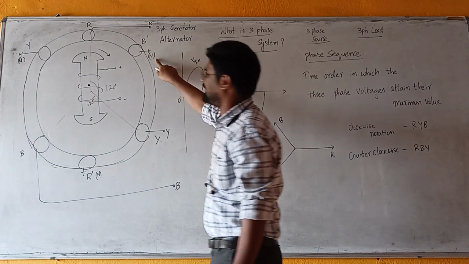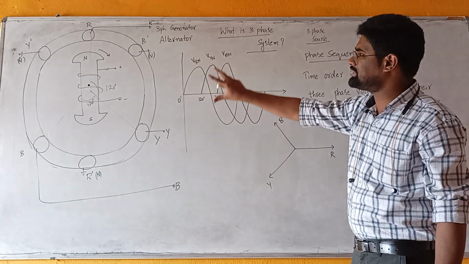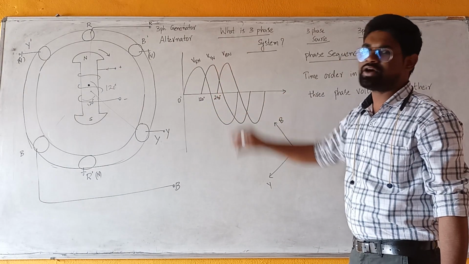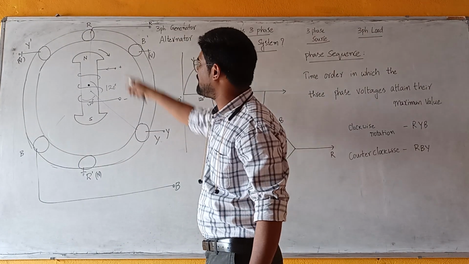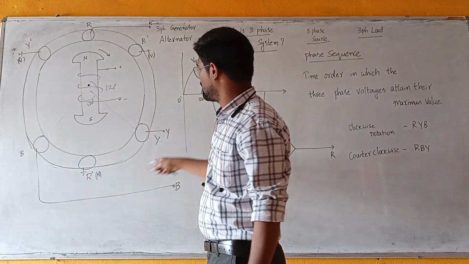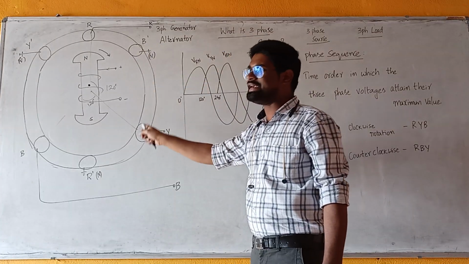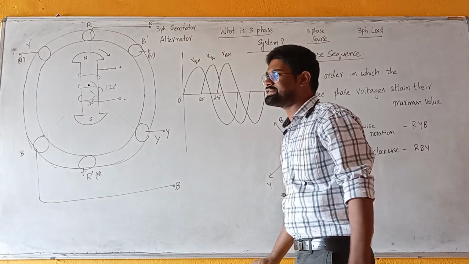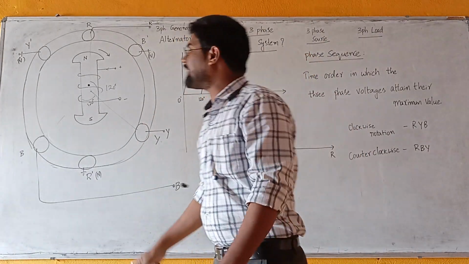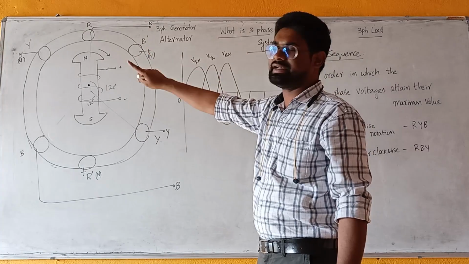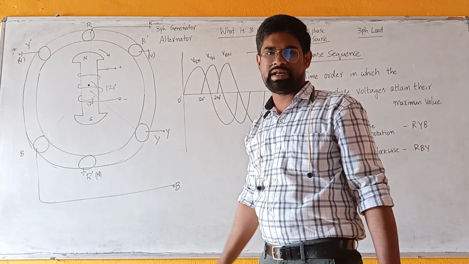The ending point is connected to the neutral point. For this three-phase machine, the stationary part consists of 3 windings R, Y, B, which are equally placed at an angle of 120 degrees. You can take any two sets of windings, and the difference is 120 degrees.